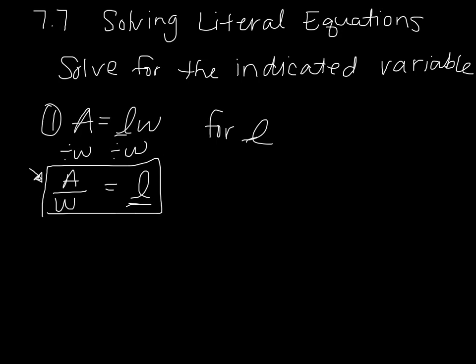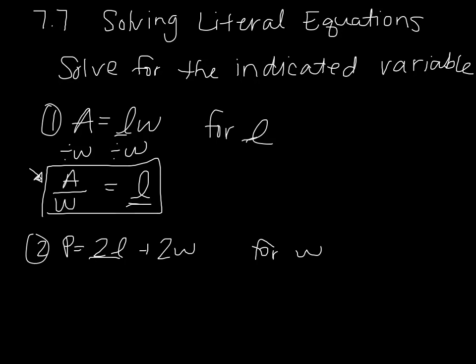Okay, so let's try another one here. Perimeter equals 2L plus 2W, and we want to solve for W. First I'm going to get that L off the same side as the W. I need to get rid of this.